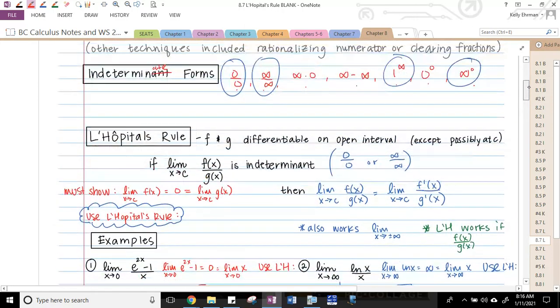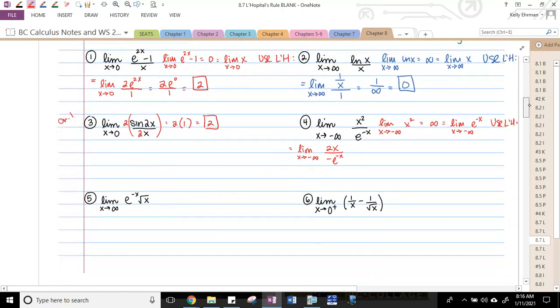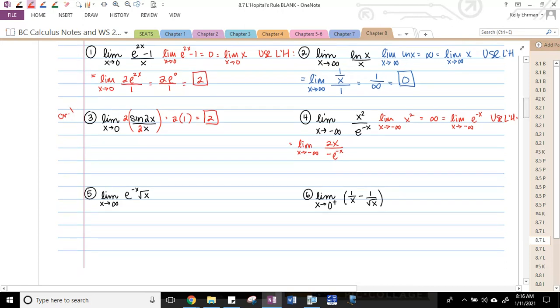Because you would get infinity squared times infinity, and our answer is not going to work out to be infinity. Also, I can't use L'Hopital's if it's x squared times e to the x. It has to be rational.